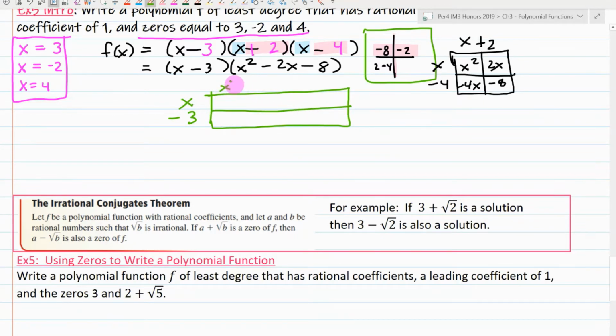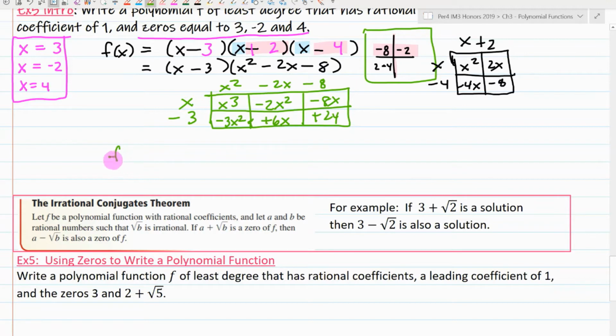So we have x squared minus 2x minus 8. So this will give me x to the third minus 2x squared minus 8x minus 3x squared plus 6x and plus 24.